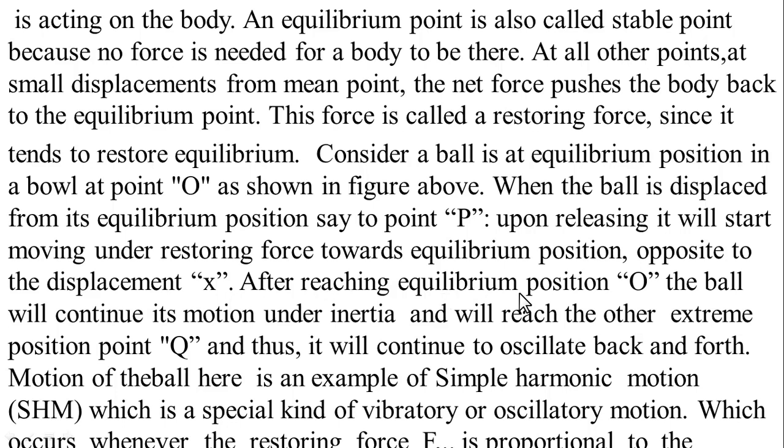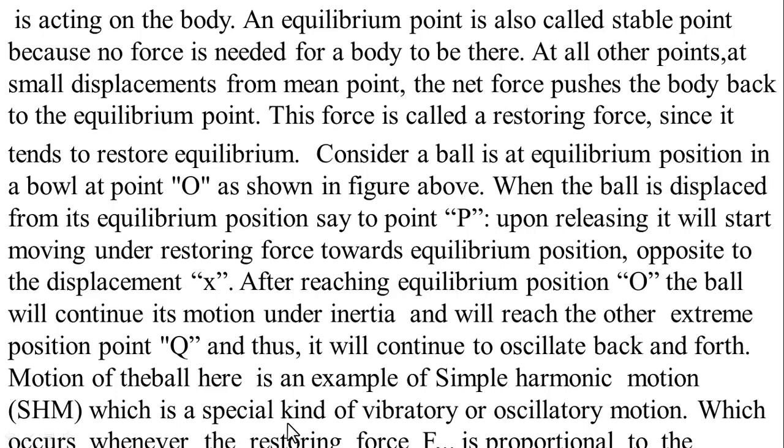After reaching the equilibrium position O, the ball will continue its motion under inertia and will reach the other extreme position at point Q, and thus it will continue to oscillate back and forth. Now the motion of the ball here is an example of simple harmonic motion.